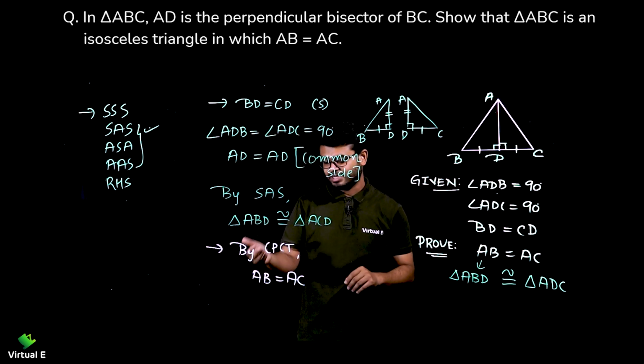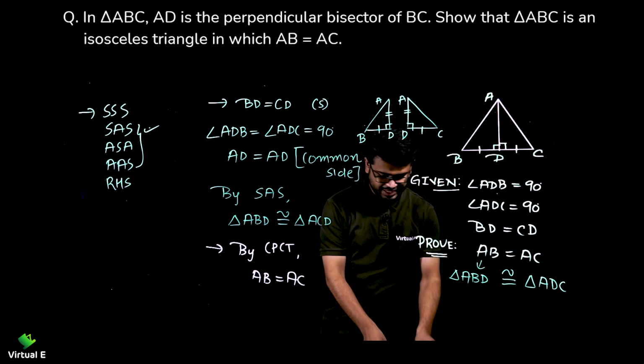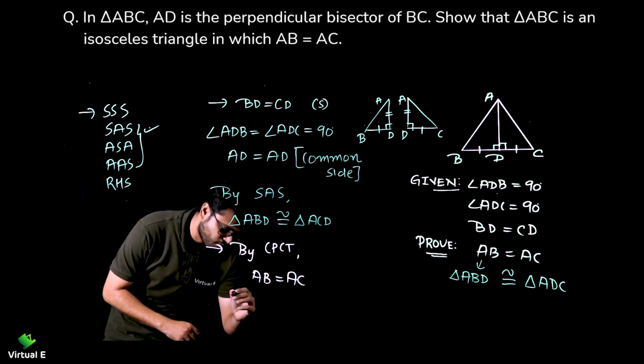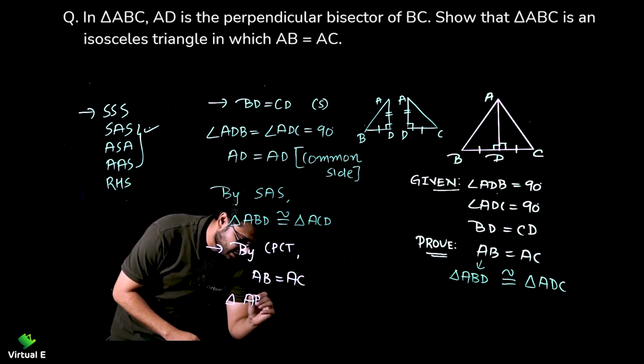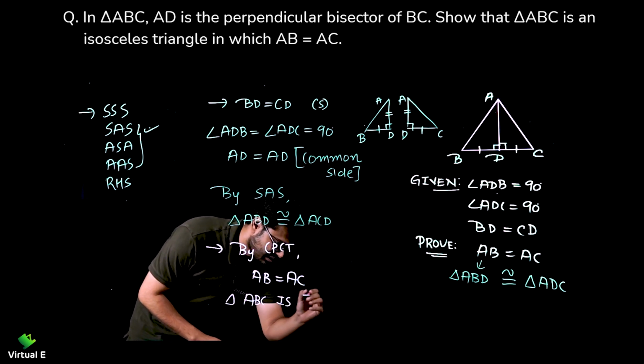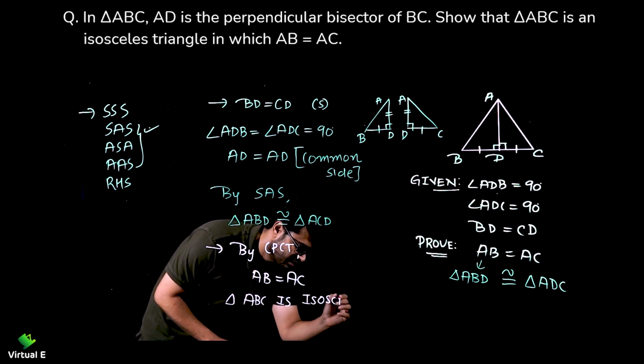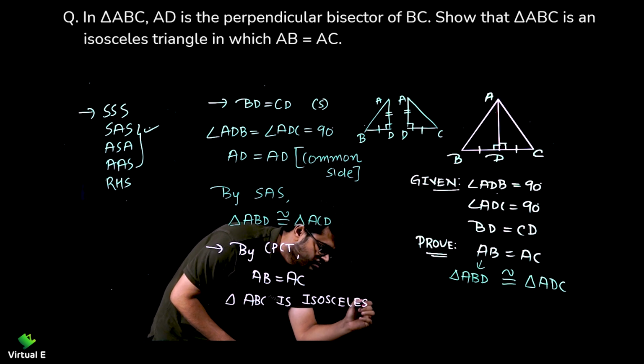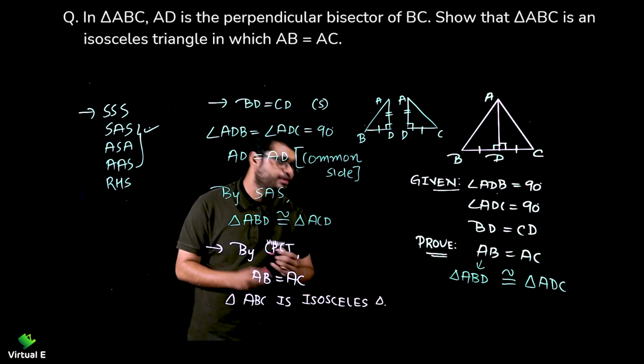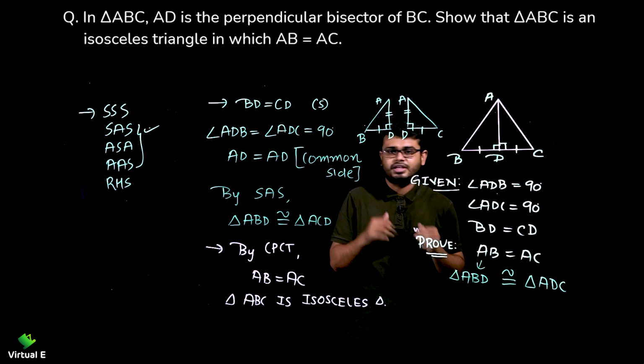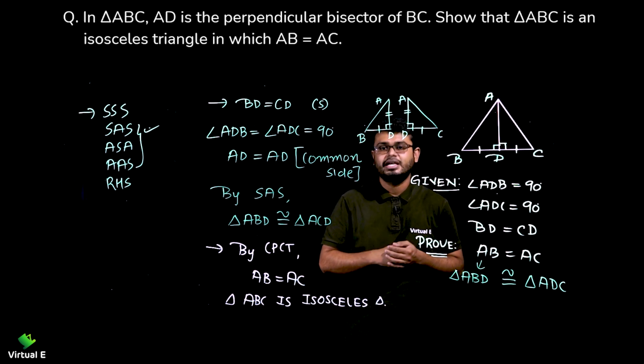Then by CPCT we can write AB is equal to AC, and finally we can write that triangle ABC is an isosceles triangle. Very simple to write, right? So this is how we prove that triangle ABC is an isosceles triangle.